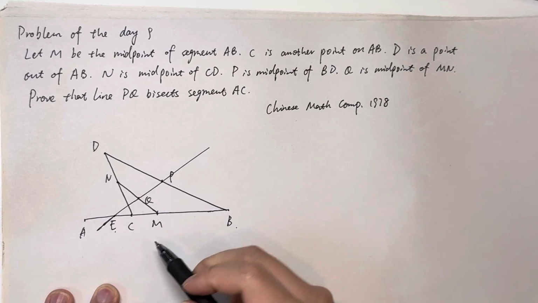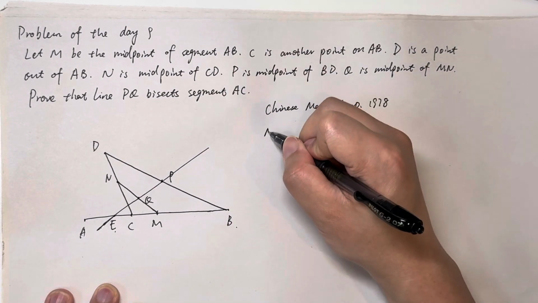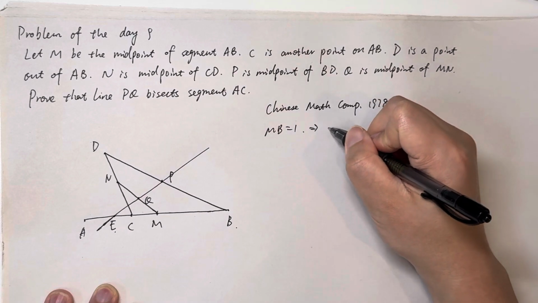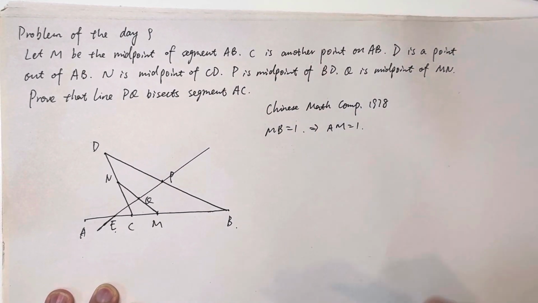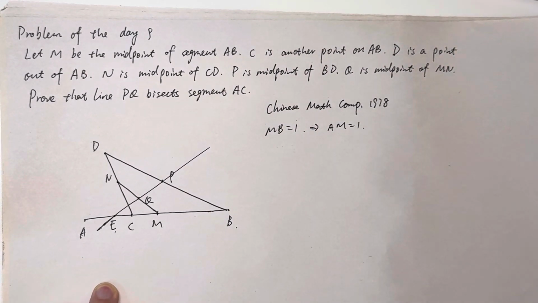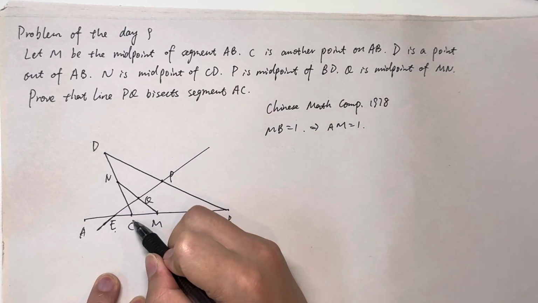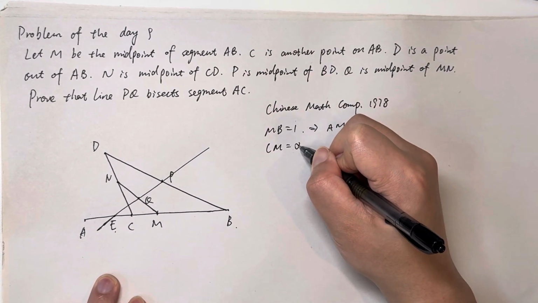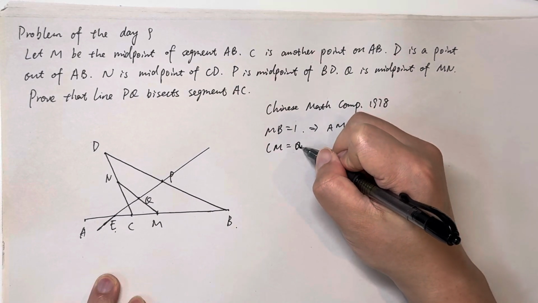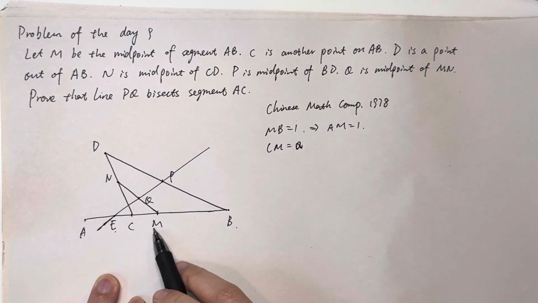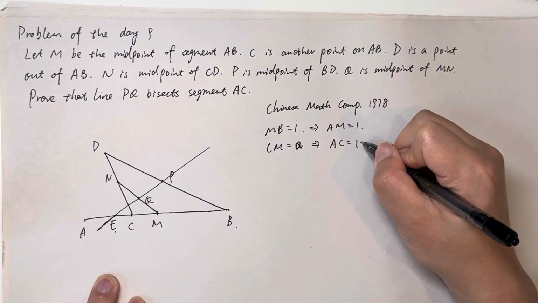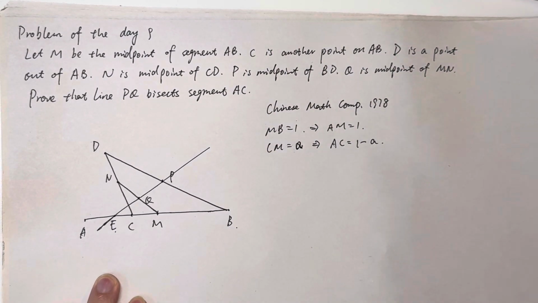So we can assume that the length of MB equals 1, right? That means AM equals 1 because M is the midpoint of AB. And we can assume the length of segment CM equals A. CM equals A, so we know that AC equals 1 minus A, right?